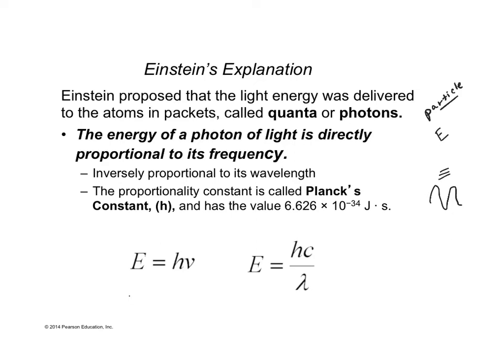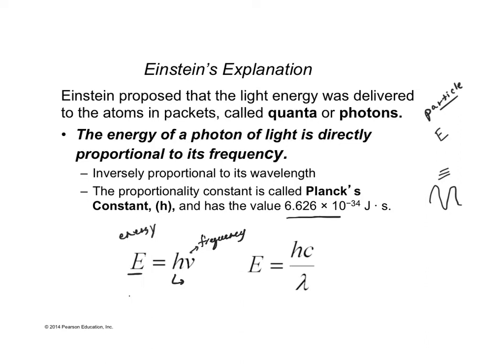And so he derived this little expression that related the energy of light to frequency, and the constant of proportionality here was something called Planck's constant. It's this very tiny number, 6.626 times 10 to the negative 34th.